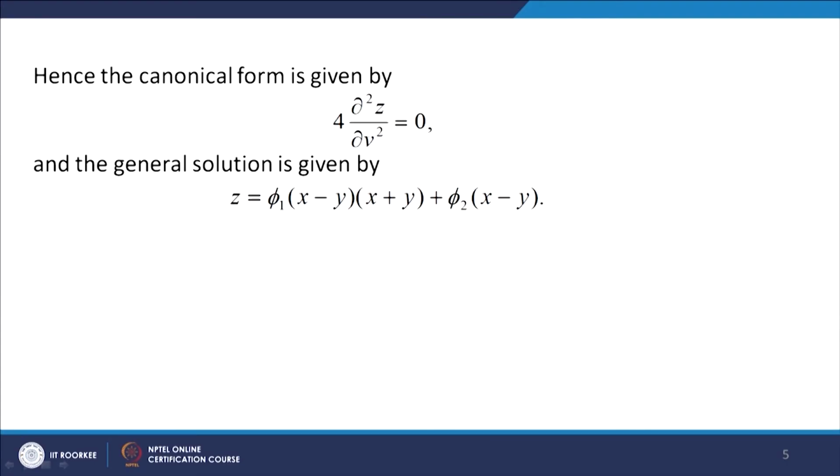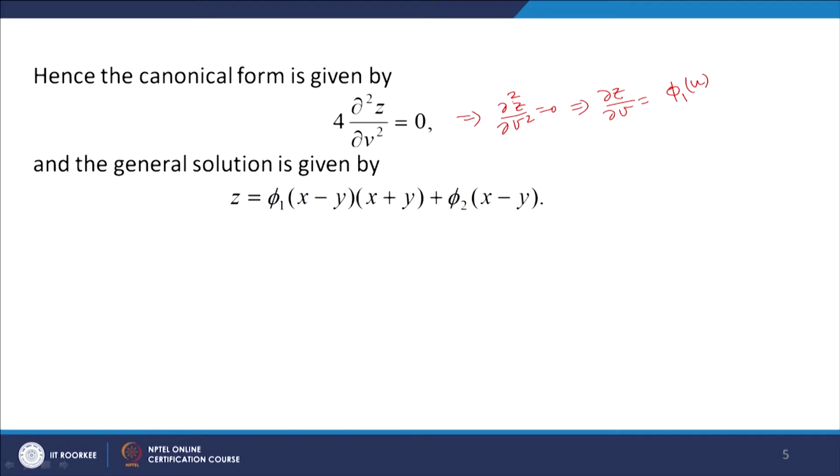Now, we can find the general solution also here, because this is now simple, we can easily integrate this. So delta square Z over delta V square equal to 0, which implies that when we integrate with respect to V, keeping U as fixed, we get delta Z by delta V equal to some function of U. So we get phi 1 of U, because while integrating we are considering U as a constant.